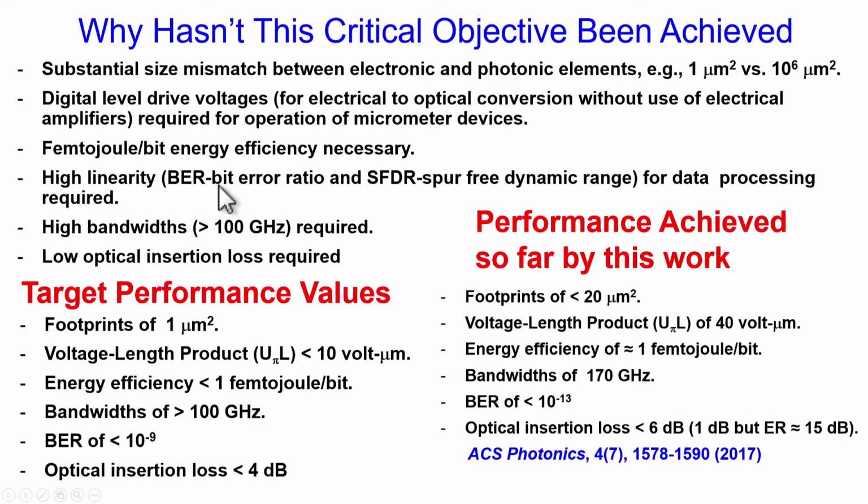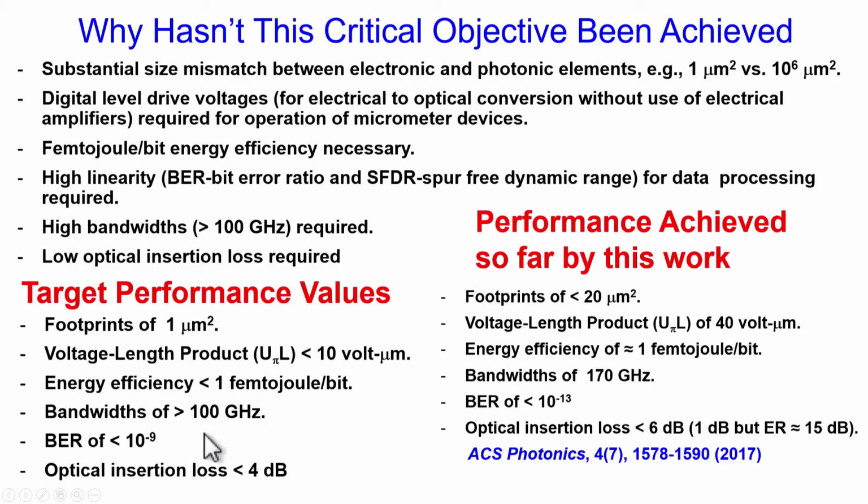You have to have high signal linearity, that is, bit error ratios for digital processing and spur-free dynamic range for analog processing. You have to have high bandwidth, at least greater than 100 gigahertz, and something that's normally not talked about, but is very important when you're talking about large-scale integration, is that you have to have low optical insertion loss for devices.